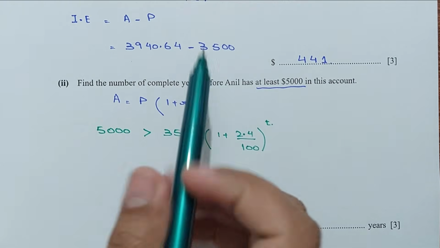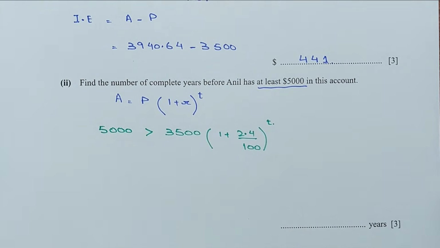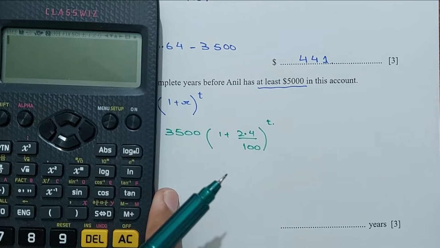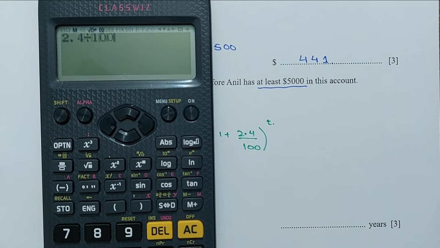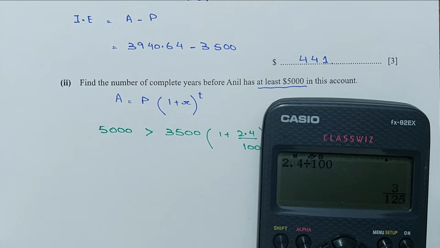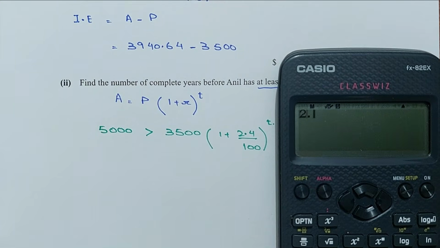As we can see, when we have 5 complete years, the value is 3,900 something, not 5,000. So let me check at 10. Okay, 2.4 out of 100 plus 1. Its exponent is, let's say, 10, and times by 3,500. It's not more. Let me check at 15. 2.4 over 100, add 1, exponent is 15, times 3,500.